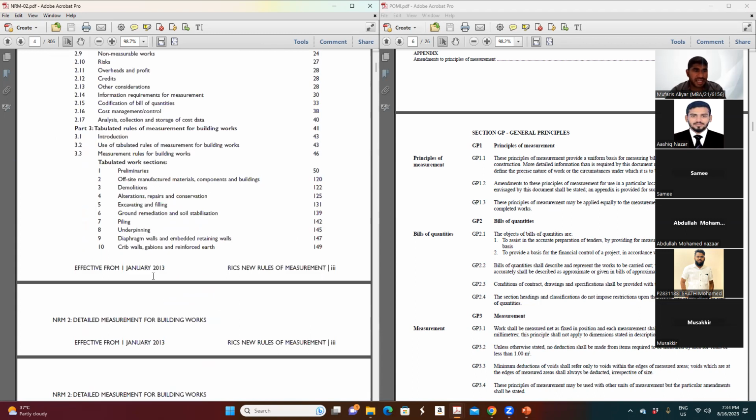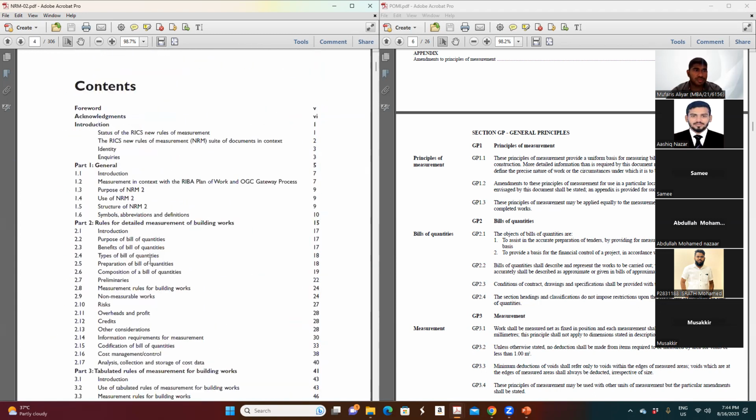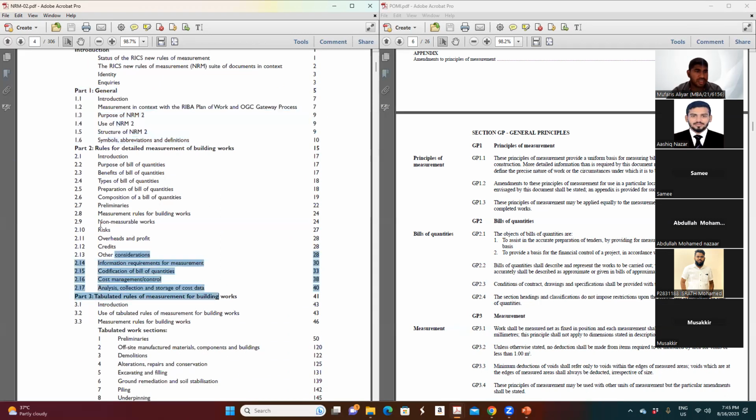Okay, this is the content of NRM2. Part 1 is kind of an introduction to the NRM, and part 2 is the measurement rules: what rules have to be considered in the measurement.